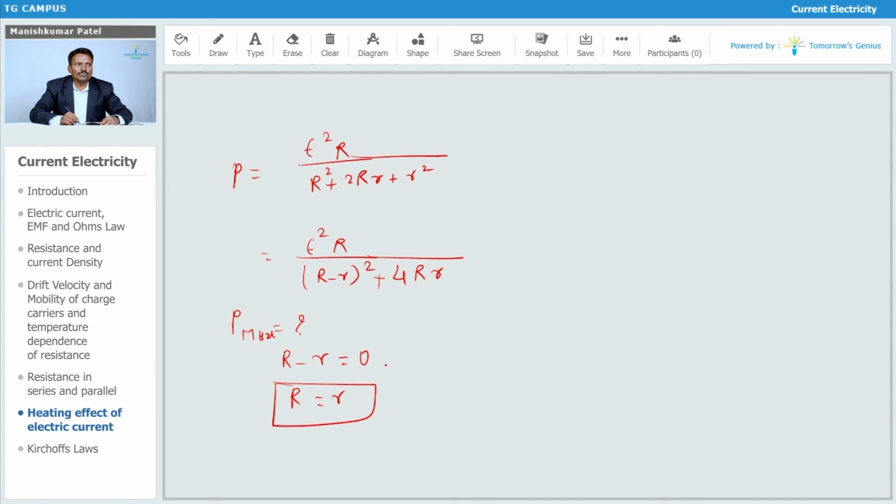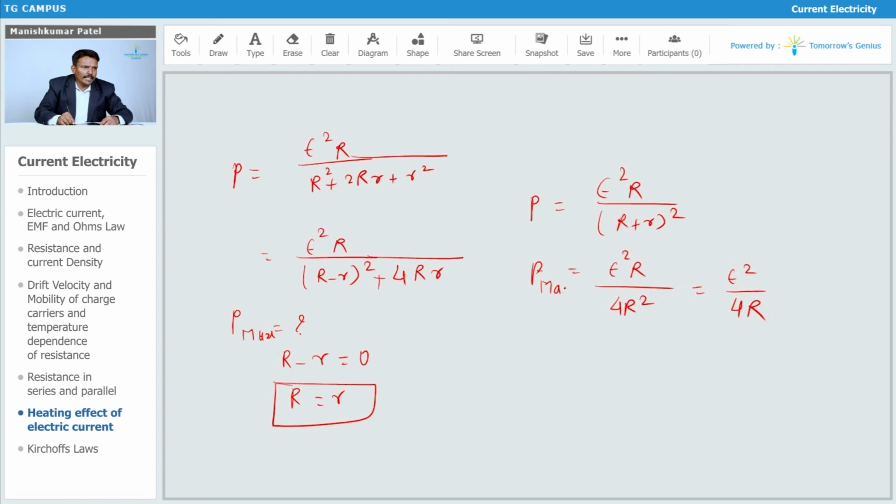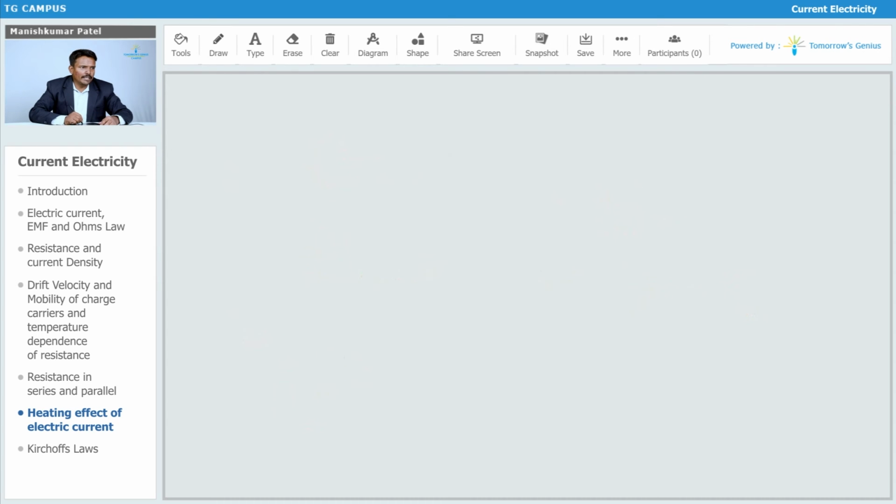If you want to find that maximum power, it is E square R upon (R plus r) whole square. Putting R equal to r, this is 4R square, so P max is E square upon 4R. That is the maximum power output that you will get. This is how we calculate it.